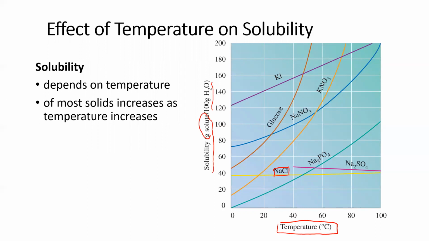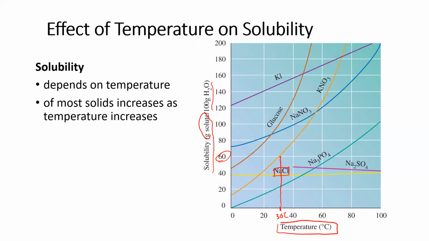Well, we can take a given temperature, let's say 30 degrees Celsius, which is roughly right there. I want to know how much potassium nitrate dissolves per 100 grams of water. I would go up from 30 and I would see roughly 60 grams of potassium nitrate can dissolve per 100 grams of water at 30 degrees Celsius.